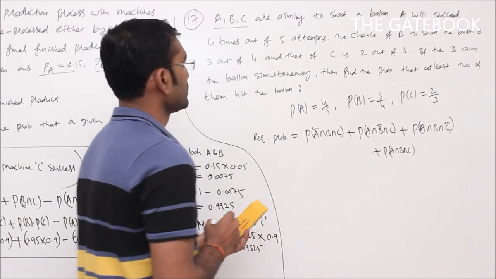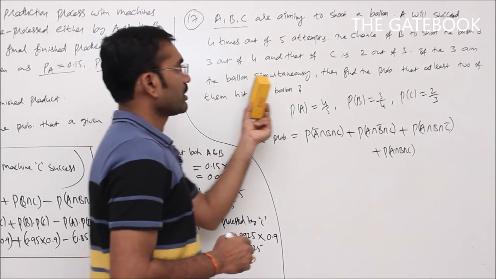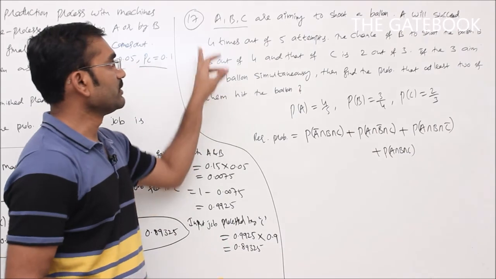It is given that hitting the balloon by A, B, C are independent, since they are 3 different persons.